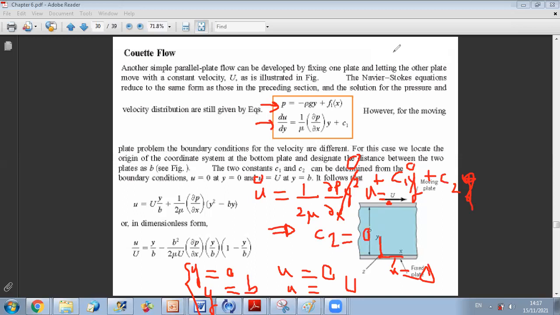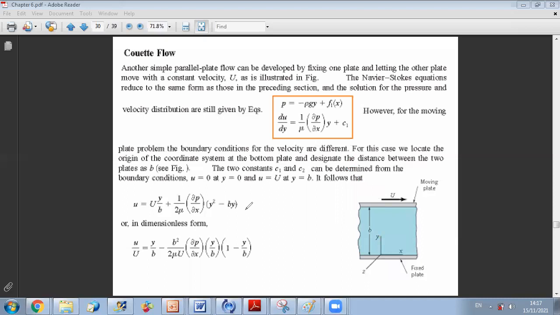So we can now write that u is equal to 1 over 2 mu times del P by del x times y square plus C1y, because no C2.